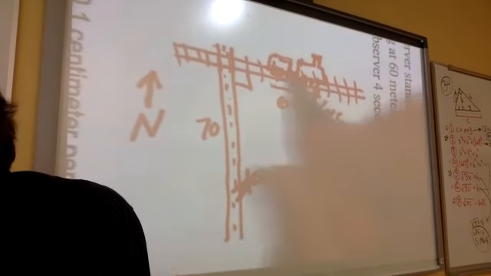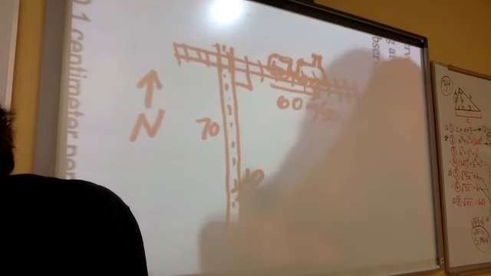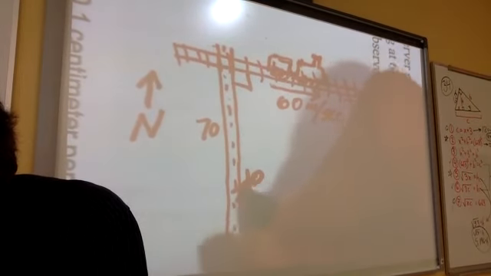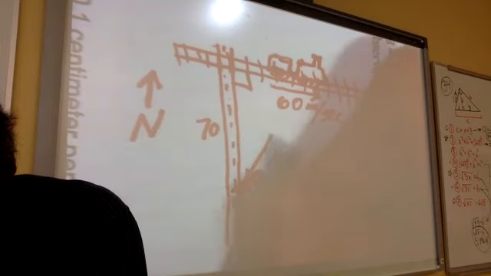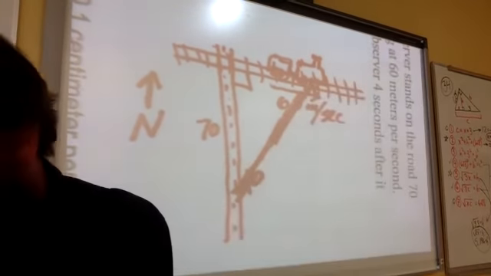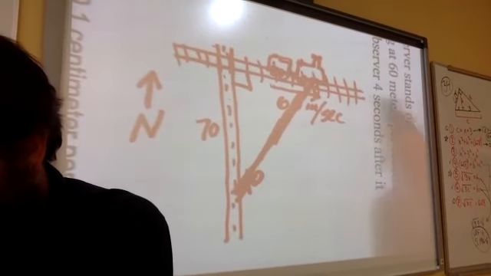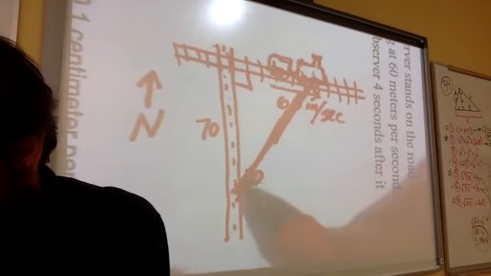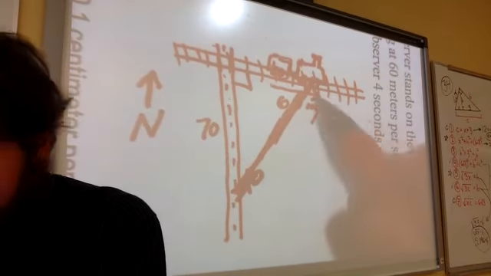So moving away from the observer means this distance right here is changing. What do you want to call this distance right here? X?